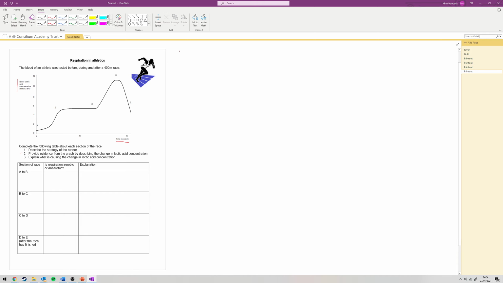Well, we should know that anaerobic respiration is this. Now, it is glucose, and it is broken down into lactic acid plus energy. Right?